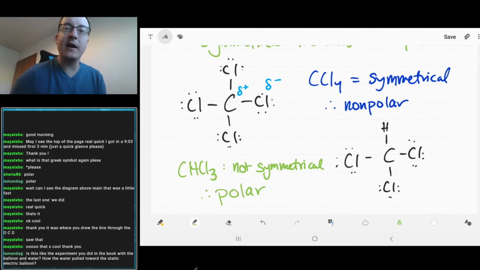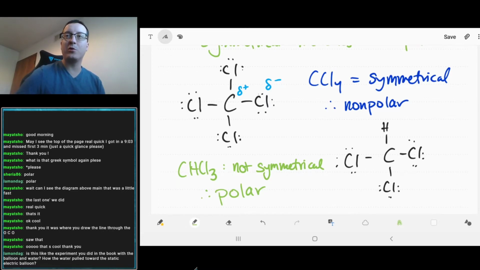Yes, so that's how we have some evidence that water is polar. So polar things are going to have partial charges, and as a result, they are going to be attracted towards charged things, right? We know that positive and negative attract each other, right? So that balloon thing where I rubbed it on my head created some static electricity in the balloon, and because electricity involves charged things, that's why the water would be attracted to it.